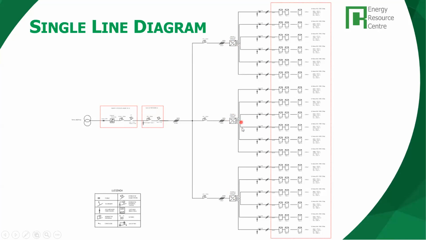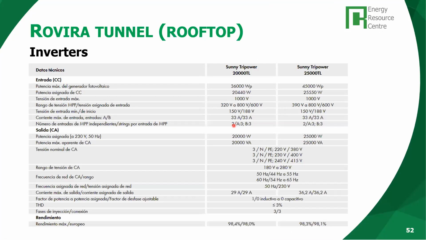Each of these inverters has 3 input circuits, 3 MPPT trackers, so it can create a 3-phase output, because internally it combines the 3 circuits. This is specific to this inverter and all the inverters that have a 3-phase output capacity.